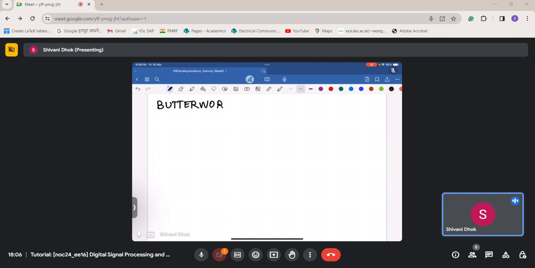So for Butterworth filter, what do we have? We have order n, which will be at least equal to the ceiling of half log d2 by d1 upon log omega s by omega p.